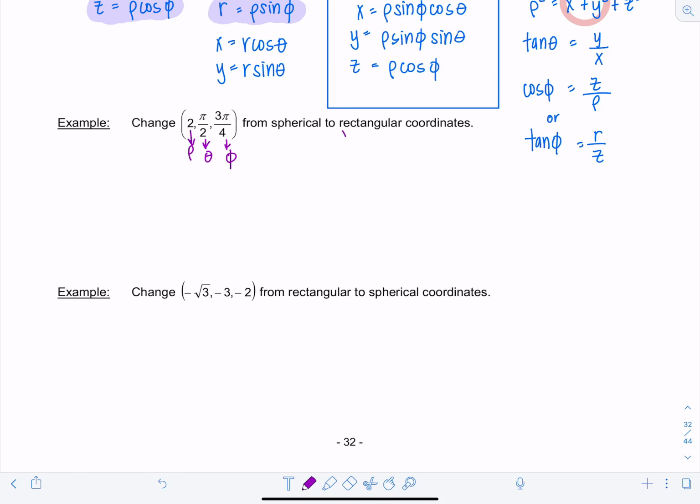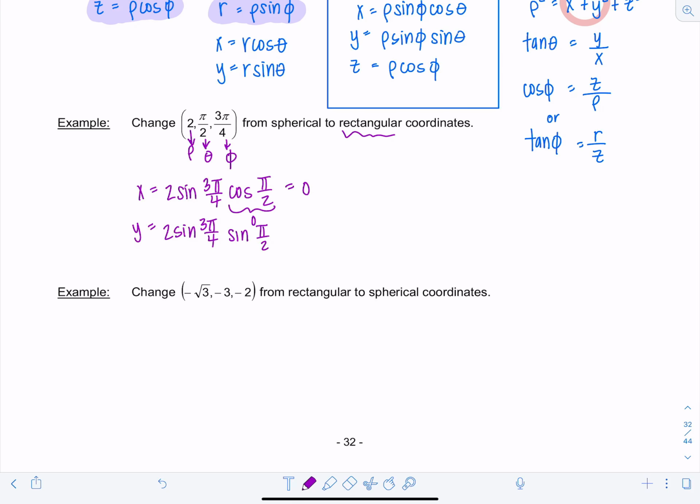They want rectangular. So x is rho sine phi cosine theta: 2 sine 3π/4 cosine π/2. Well, I know cosine π/2 is 0, so this is just 0. Y is going to be 2 times sine of 3π/4 sine of π/2.